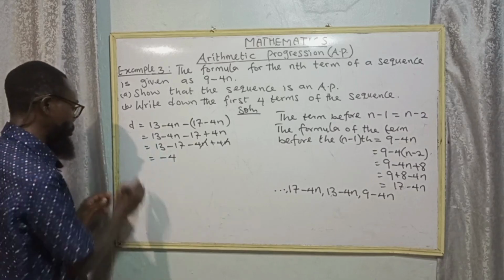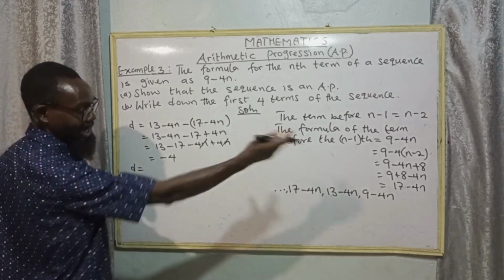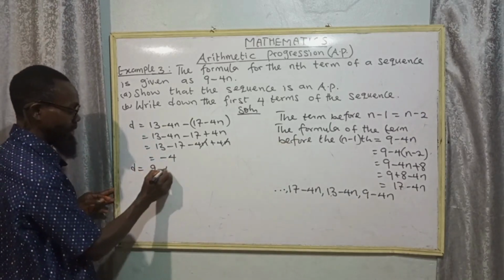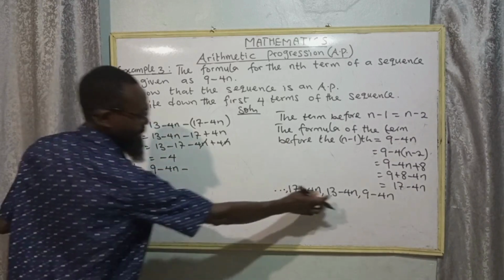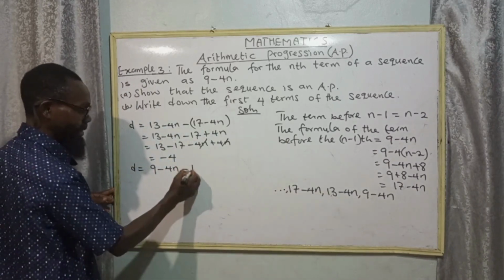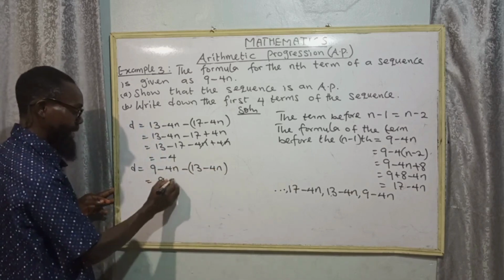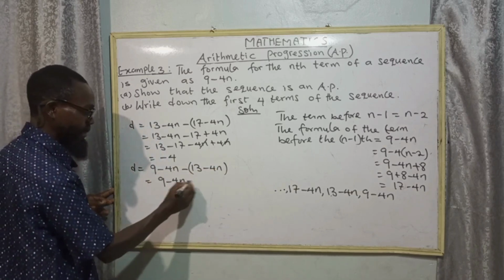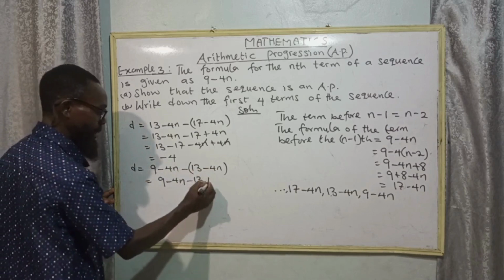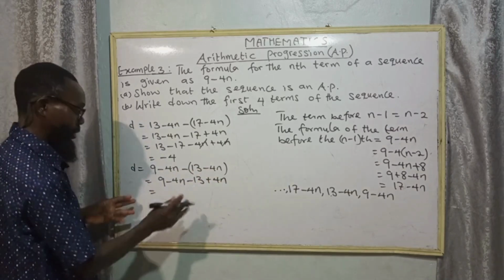Now also, my d can be equal to the last term, 9 minus 4n, minus the second term, 13 minus 4n. In brackets, I have 9 minus 4n, minus 13, minus times minus, plus 4n. So I am collecting like terms.